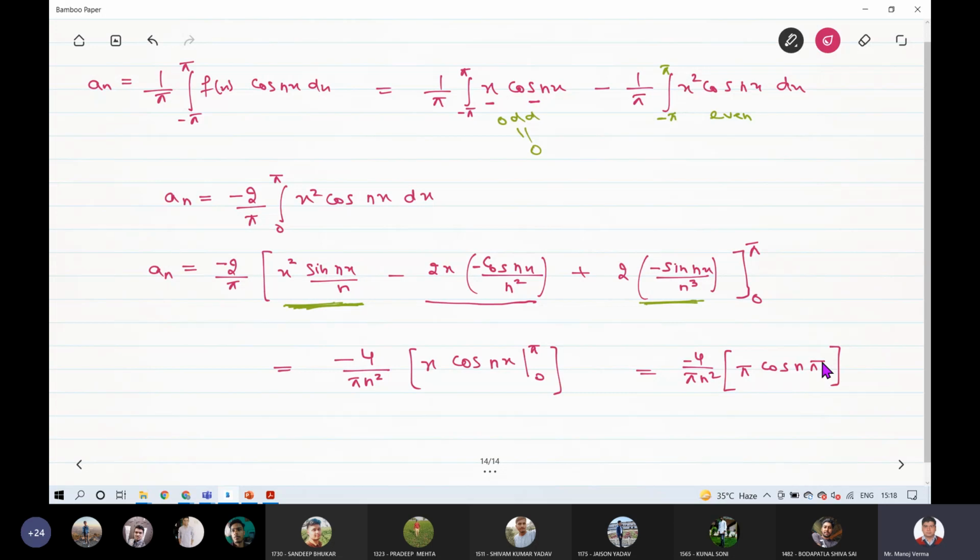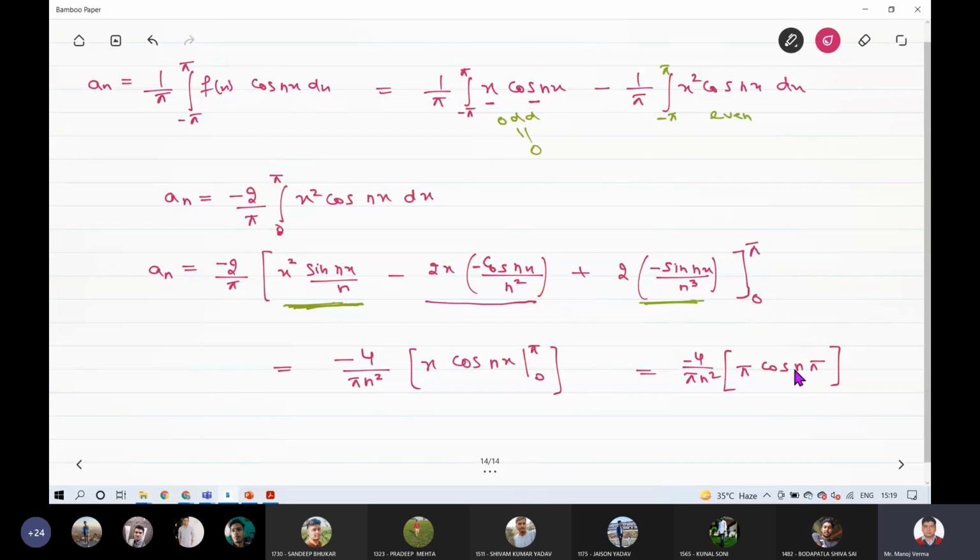Now you can appreciate the beauty of this limit changing, that if I have converted minus pi to pi into 0 to pi, now see, if I am inserting this 0, then it is simplifying the expression. Okay.